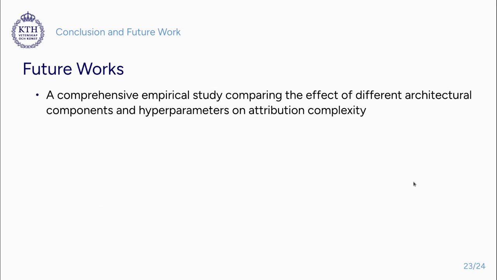One thing that I see as a low-hanging fruit is a comprehensive empirical study that compares the effect of these architectural components. Okay, this work studied activation, I would do batch norm, I would do residual connections, I would do, I don't know, positional encoding, things like that in ViTs. So this is a low-hanging fruit, a comprehensive empirical study of the effect of these components on attribution complexity.